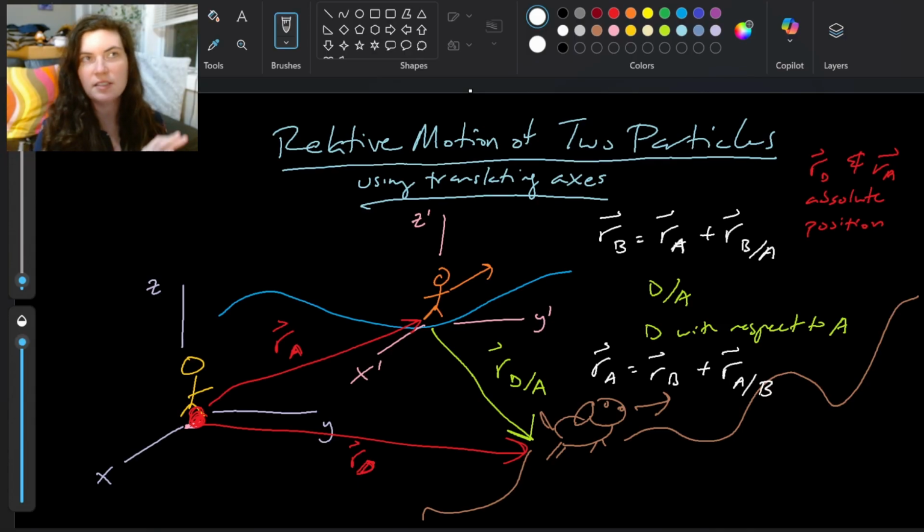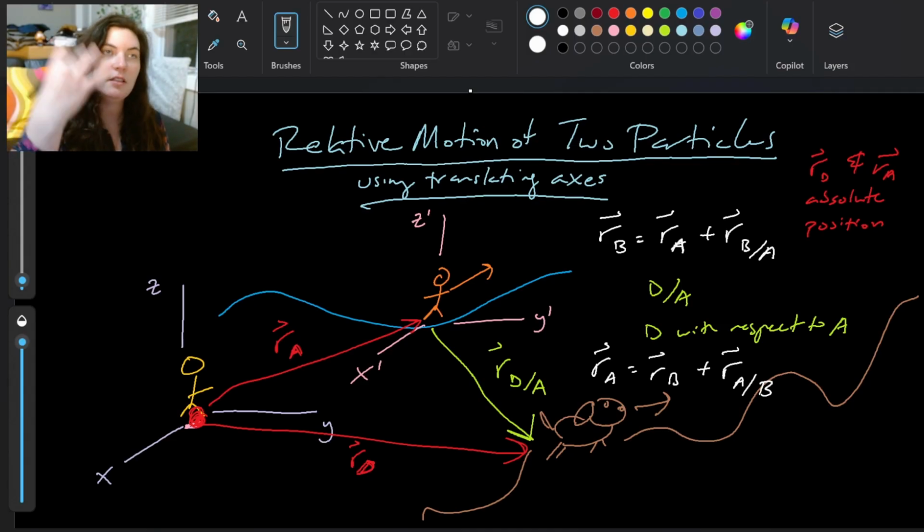But this is it. This is as complicated as it's going to get. It's just vector addition. Right? It's just vector addition to find that position or velocity or acceleration of A with respect to B or B with respect to A.